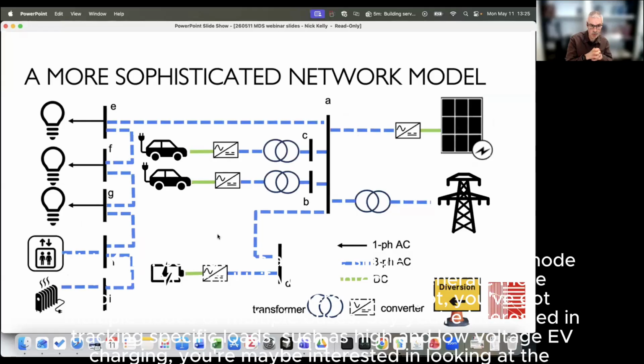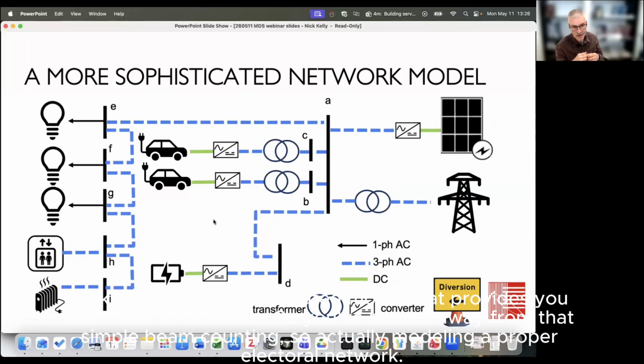So that was a simple single bus or single node model. You could, if you wanted to, generate more sophisticated models where you've got multiple nodes or multiple buses. Say you're interested in tracking specific loads such as high and low voltage EV charging, or you're maybe interested in looking at the lighting loads across different floors, then you could create a much more sophisticated model that provides you with more information.